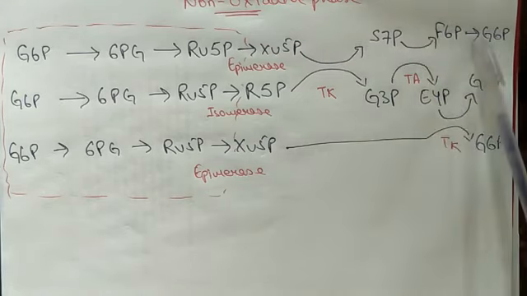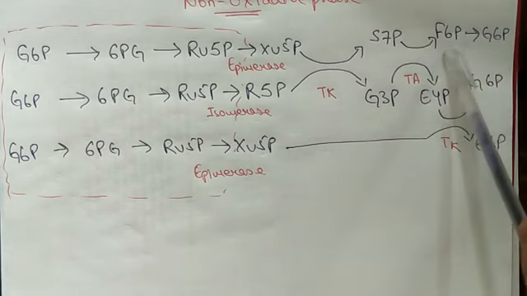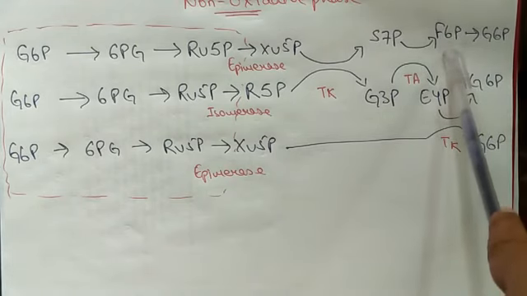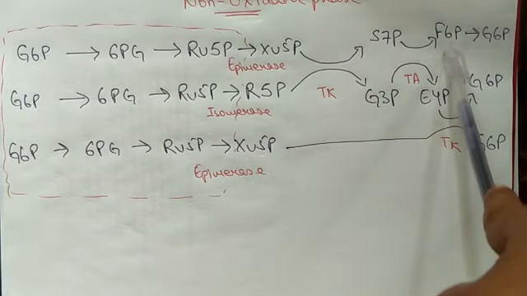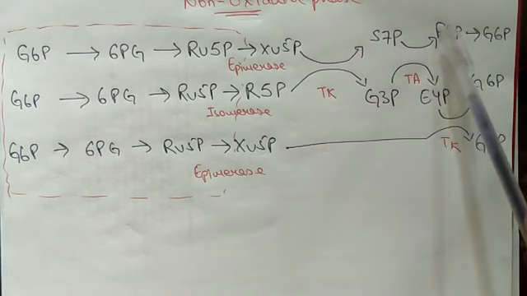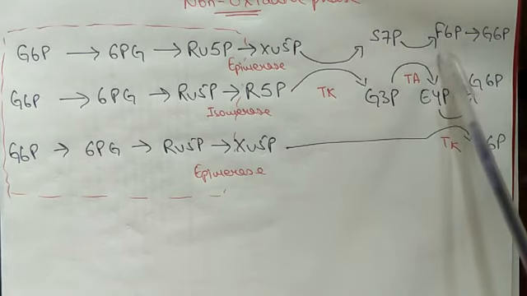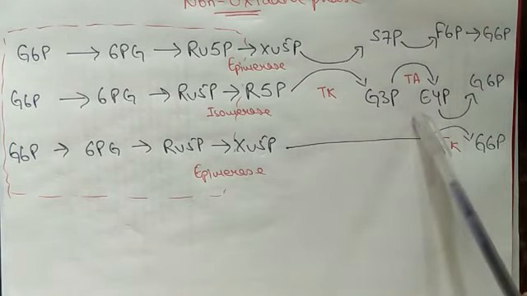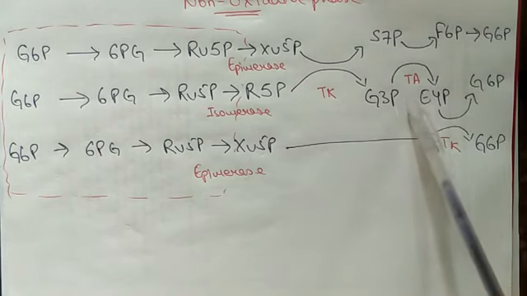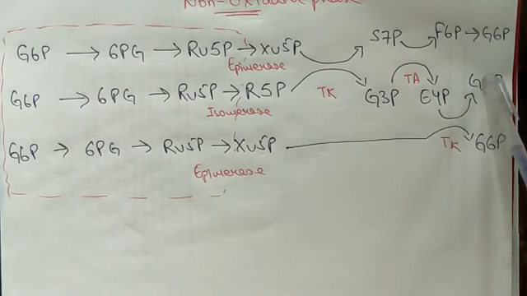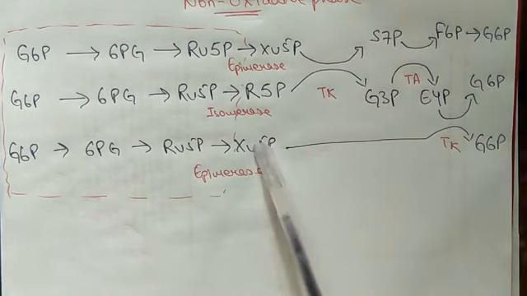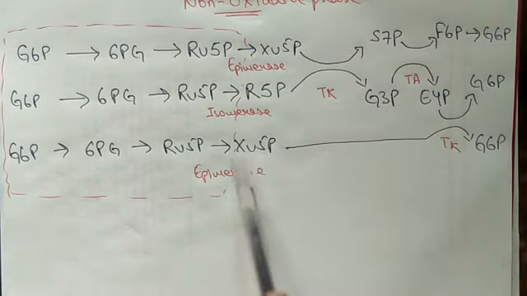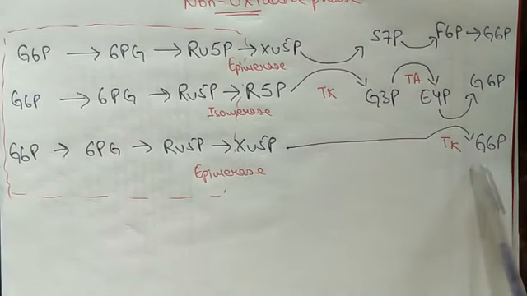Now this is the irreversible process where glucose 6-phosphate forms from fructose 6-phosphate. Hope you remember the glycolysis process, so it will be easier for you to understand how fructose 6-phosphate gets converted into glucose 6-phosphate. And here erythrose 4-phosphate gets converted into glucose 6-phosphate in the presence of transketolase, and here xylulose 5-phosphate gets directly converted to glucose 6-phosphate in the presence of transketolase.